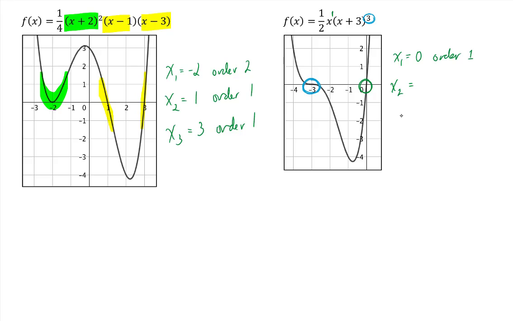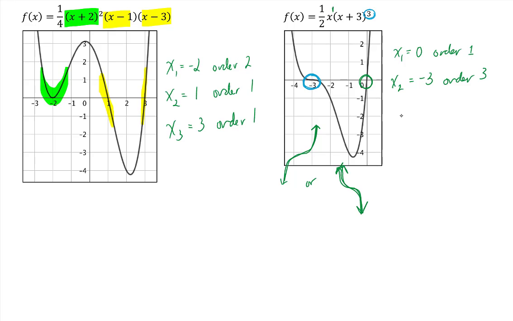And our second 0 is negative 3, which is of order 3, which looks like a cubic function passing through that 0. Remember, a cubic function looks something like this, or the negative of it looks like this.